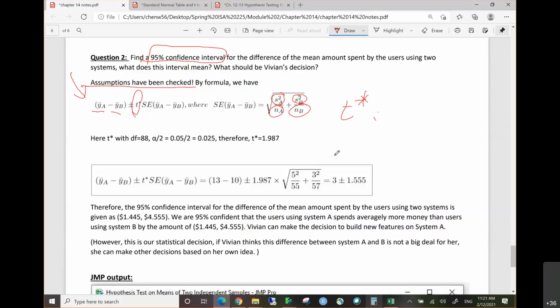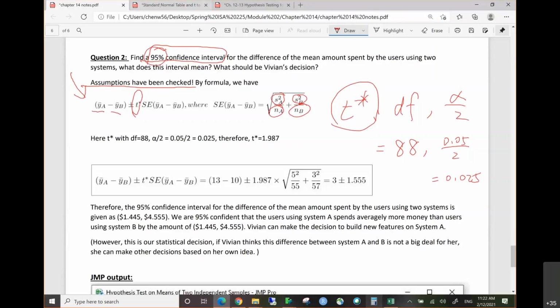Still remember how to find the T star? We need the degree of freedom and alpha over 2. We have the degree of freedom calculated as 88. We want a 95% confidence interval, so that will be 0.05 divided by 2, which is 0.025. We need to combine these two pieces of information to find the T star from the T table.